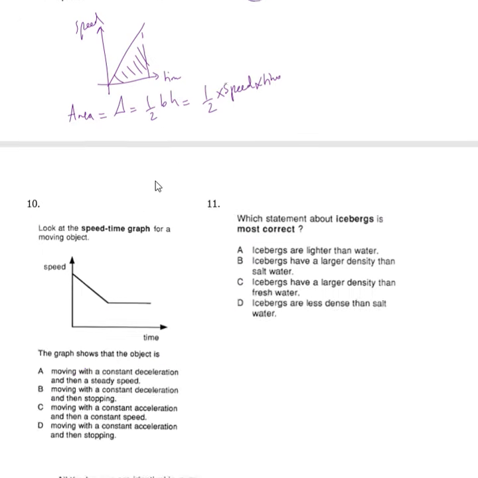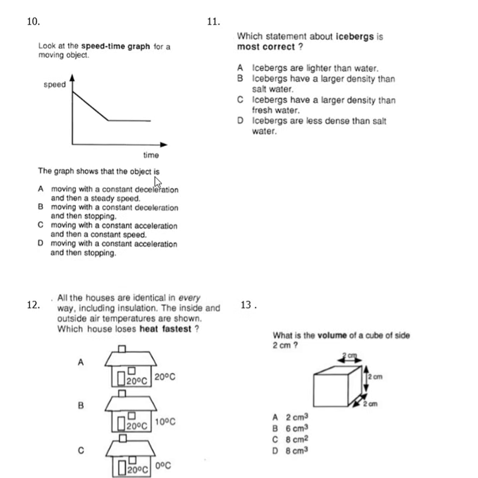Okay, so now this one, what we have. From here to here, it decreases. So therefore, it decreases and then stays the same. So which one is correct? Moving at constant deceleration and then steady speed.